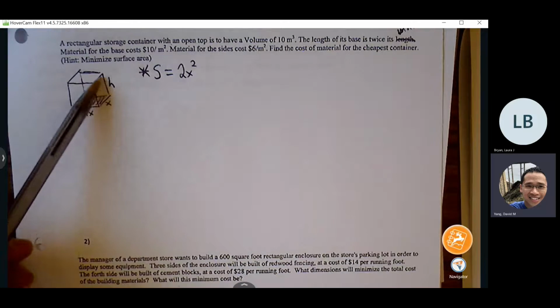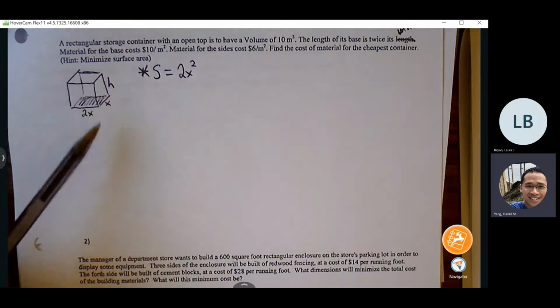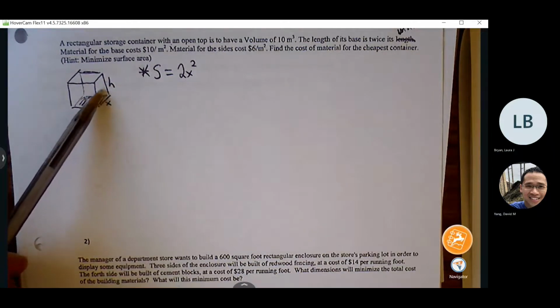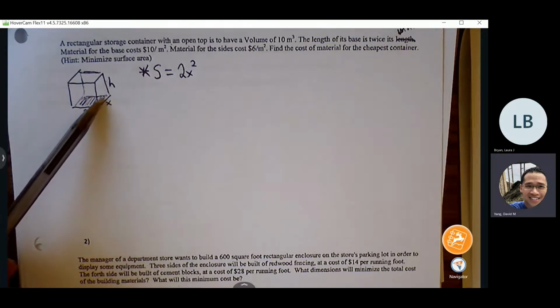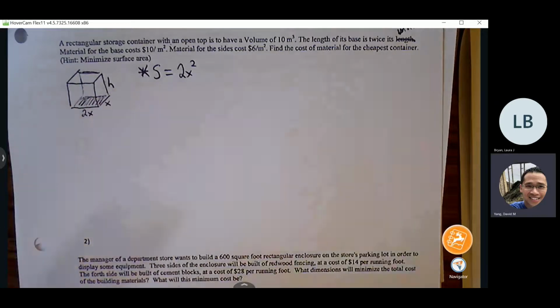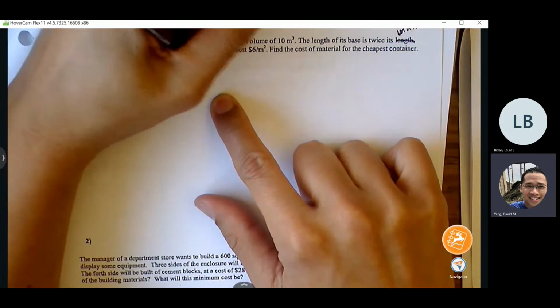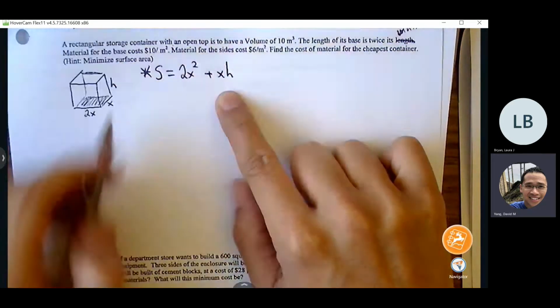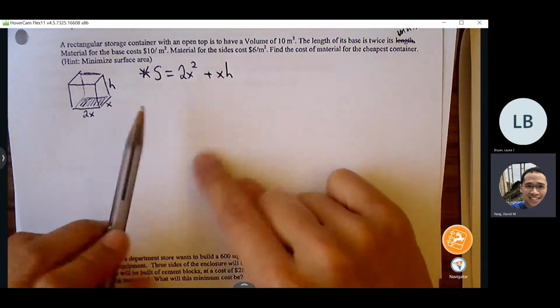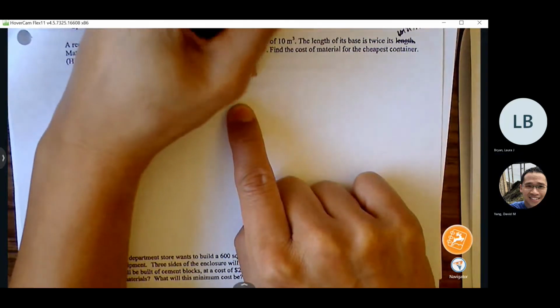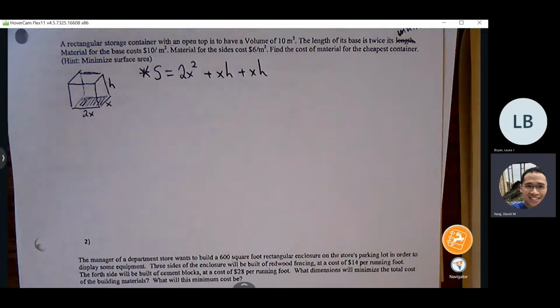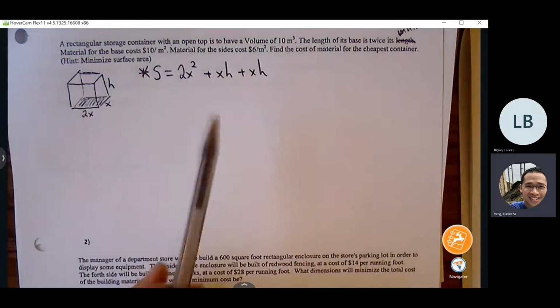What's the area of this side? How about x times h? Right, it's rising up, right? There's a vertical side there. So I have x times h. Is there another x times h on this side, right? So those are the vertical sides.